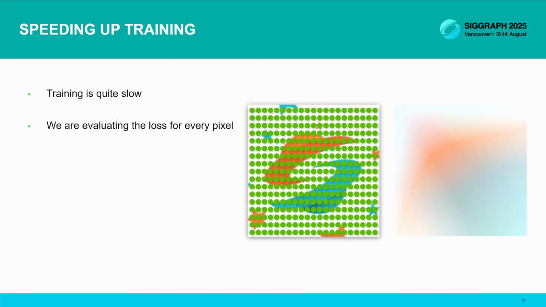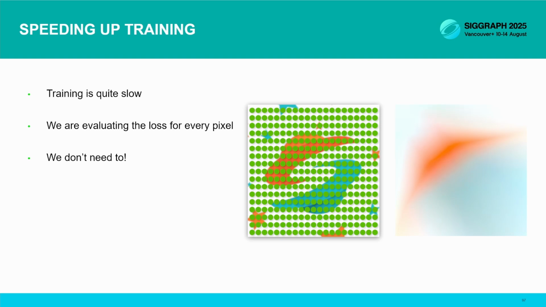This was necessary when we had to actually optimize a separate value for each texel in our bitmap, but we don't actually need to do this anymore once we have a neural network, because we have one set of parameters for the whole texture. So regardless of where we evaluate the loss, we get some information that propagates back to the whole texture.